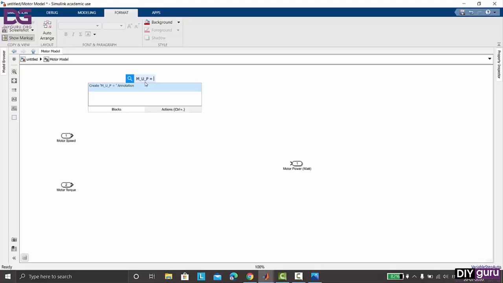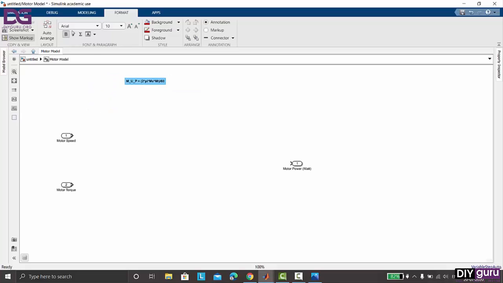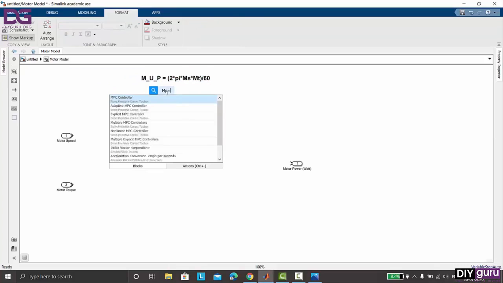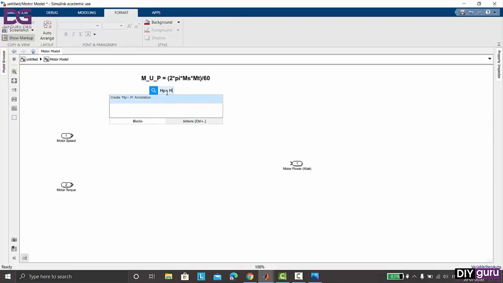So motor useful power is product of 2 pi into motor speed into motor torque divided by 60. And motor actual power is motor useful power divided by motor efficiency.